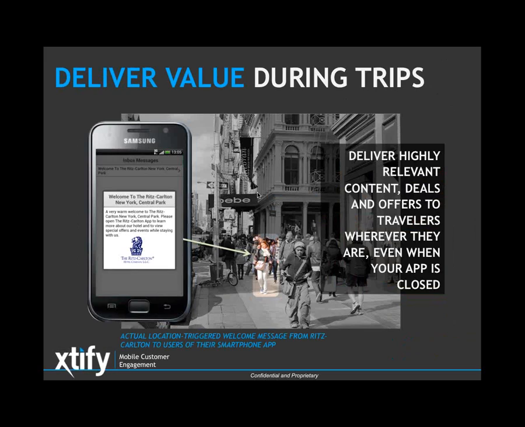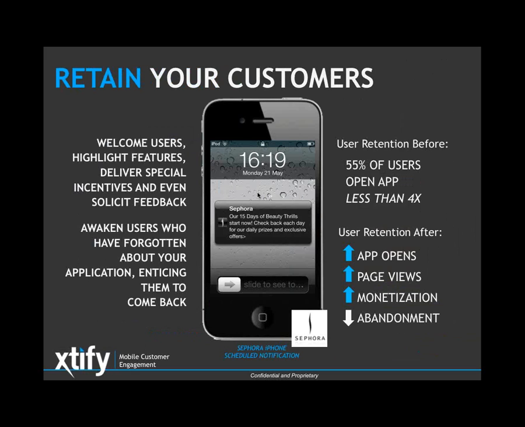So, for example, if you're booked at the Ritz-Carlton and you have the application installed, they can send you direct information from the specific hotel you're staying at with a customized message from the manager, like here's a concierge number, here's some local deals that may be of interest, for partnerships or any sponsored messaging of that sort. And it becomes a very valuable tool to create highly relevant content for that particular person, even when the app is closed.